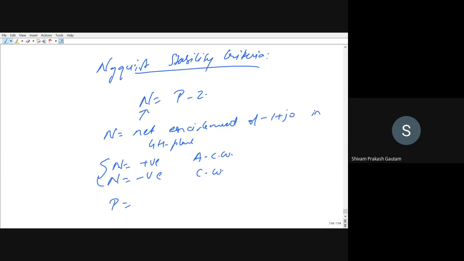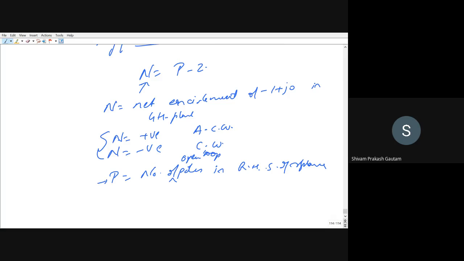P is the number of open loop poles in the right hand side of S plane. So P can be determined directly by looking at the open loop transfer function, and Z is the number of closed loop poles in the right hand side of S plane.